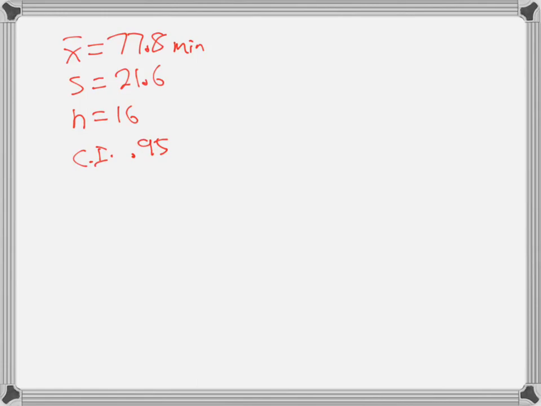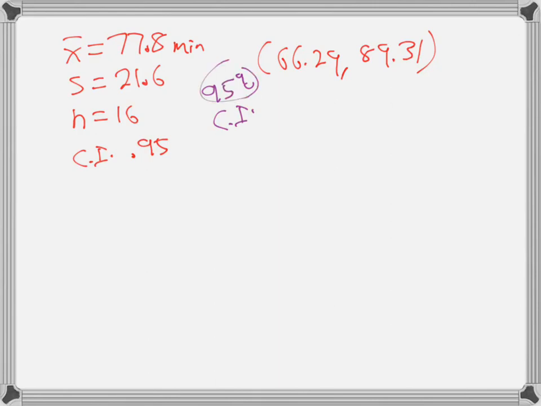So I'm getting 66.29 to 89.31. Okay, so now that's my 95% confidence interval. Now let's be real with this thing, because that's the real use of this class.